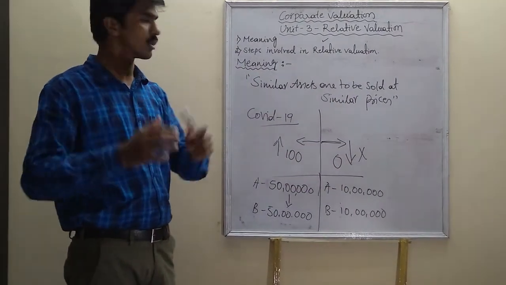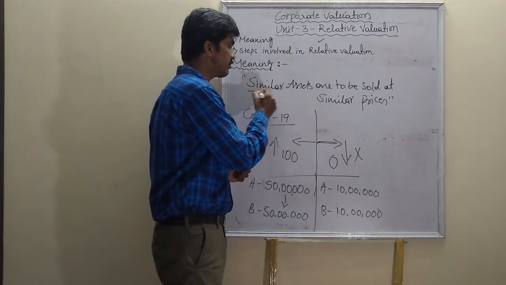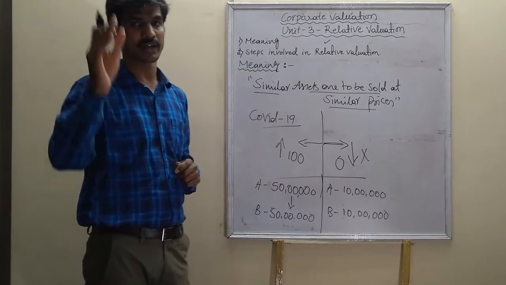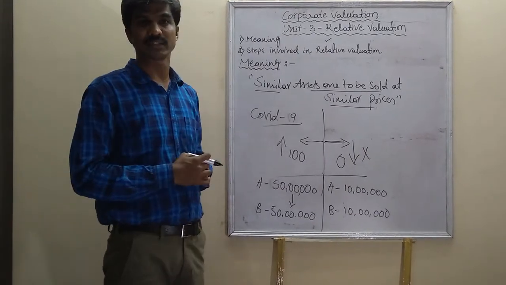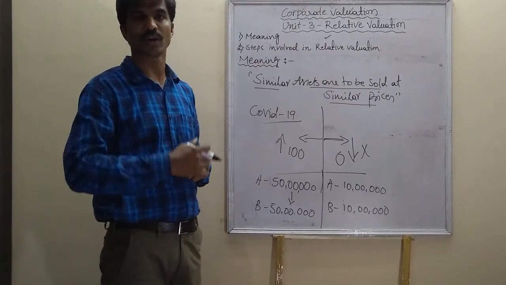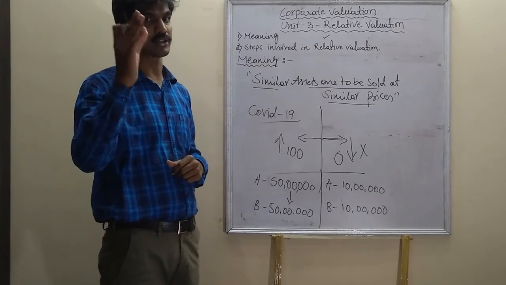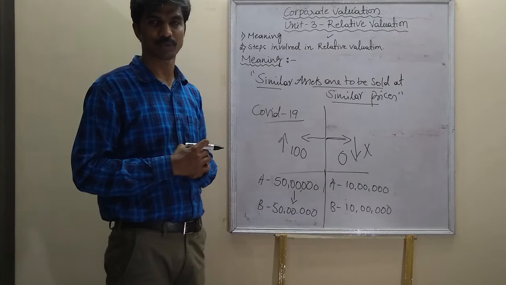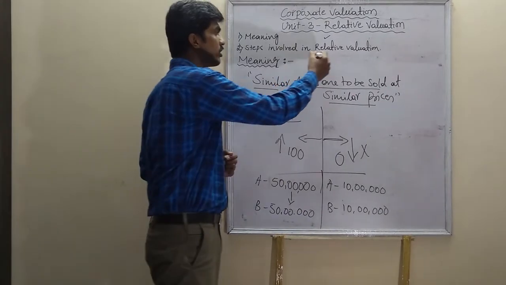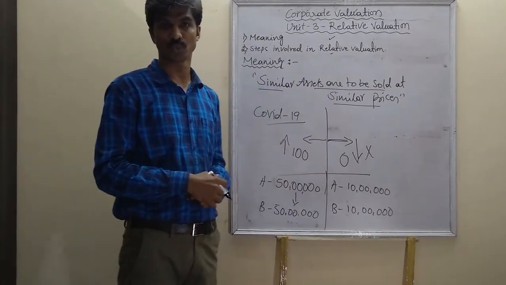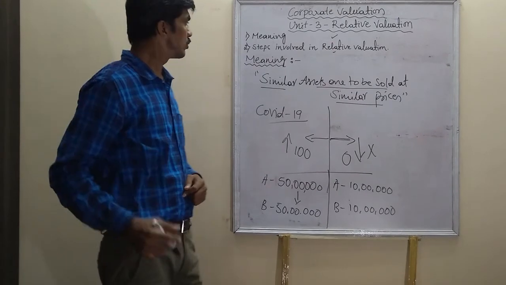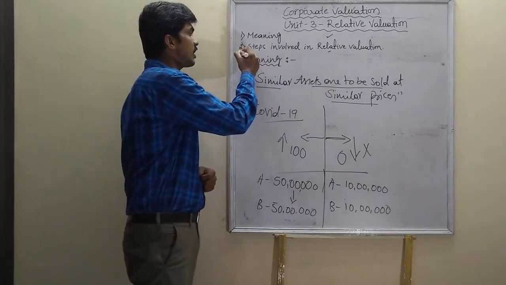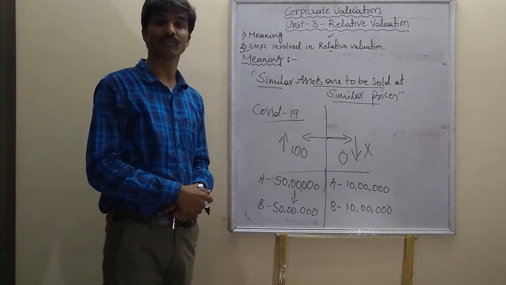The one thing that we need to remember is that similar assets are to be sold at similar prices, and value the assets, could be a product or service, at relative prices of same nature products or services. That is what relative valuation means. Now, next, we'll move on to the next concept, that is steps involved in relative valuation.